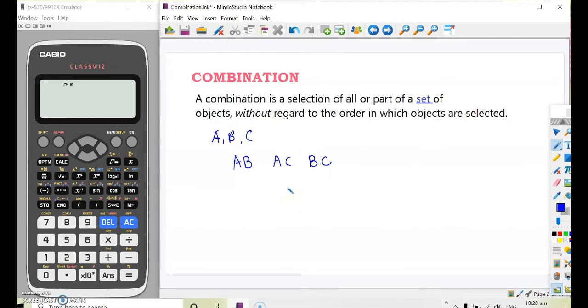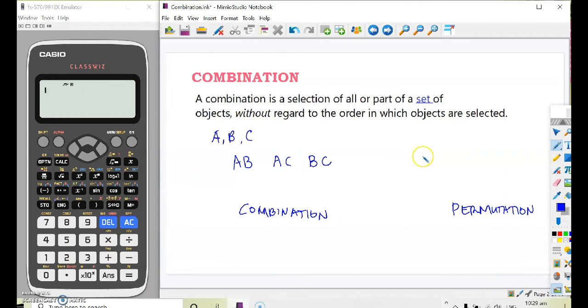Note that AB and BA are considered to be one combination because the order in which the objects we are selecting does not matter. This is the key distinction between a combination and a permutation. A combination focuses on the selection of objects without regard to the order in which they are selected.